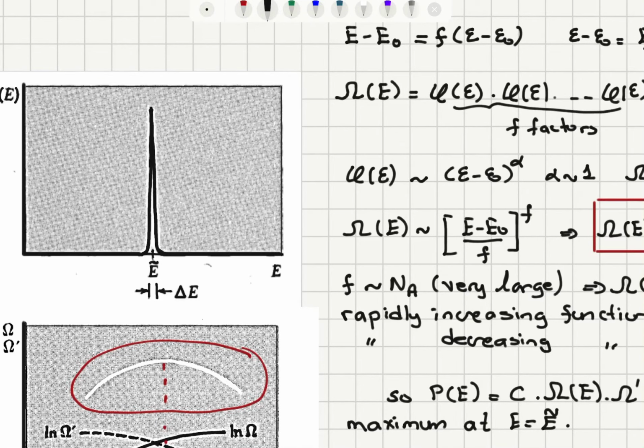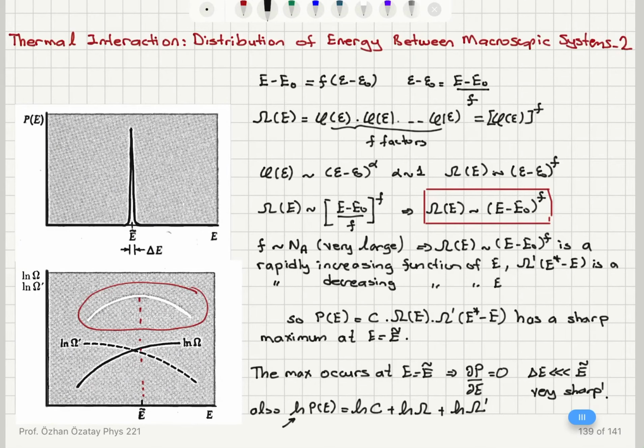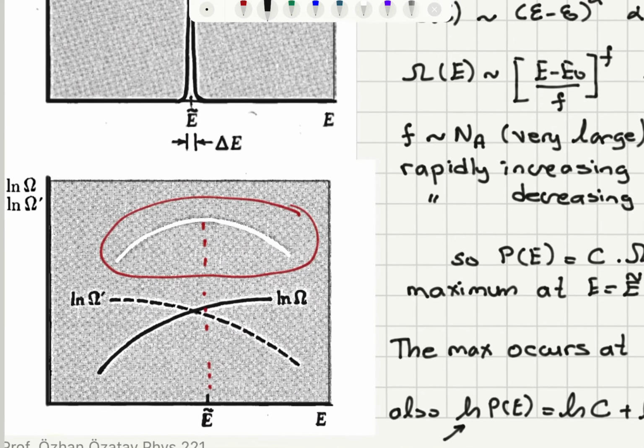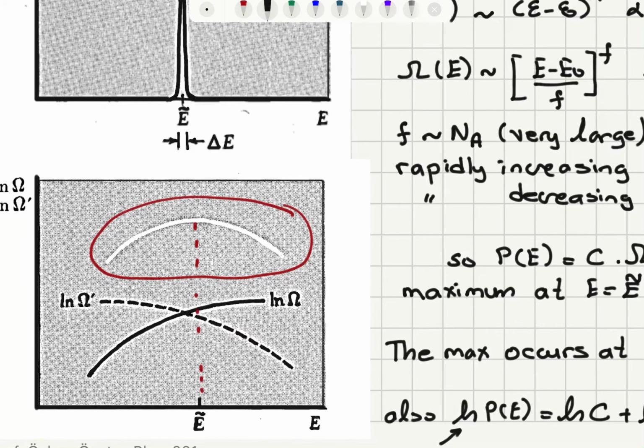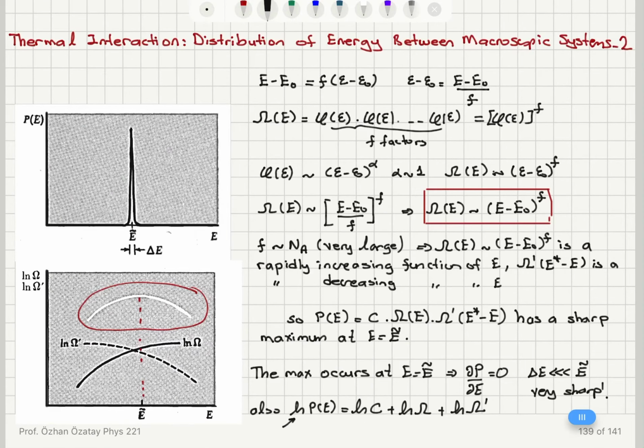It's a sharp peak. So we have decided, instead of looking at this probability function, to look at its natural logarithm, and we will be dealing with a much slower variation with energy E, so that the summation of ln omega and ln omega prime will give me a nice function which has a well-defined maximum that I can find easily.